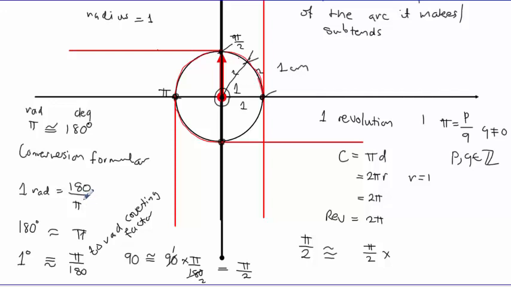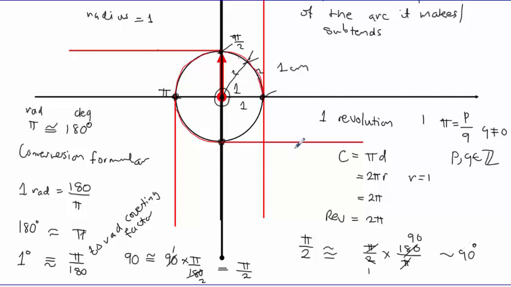I'm not going to write it down, I don't have space there. So you take this number, you write 180 over pi. And then pi over pi is 1. Simplified: 2 here, 1; 2 here, 90. Then we get 90 degrees.